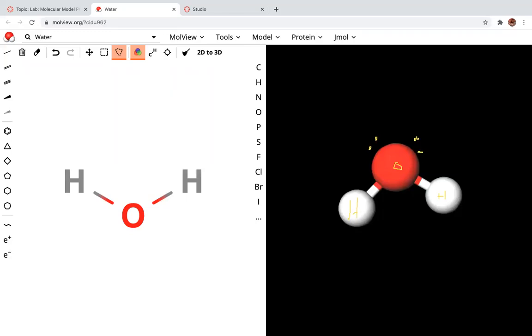As we all know, any molecule that has four electron domains, which is 1, 2, 3, 4, has an angle of 109.5.